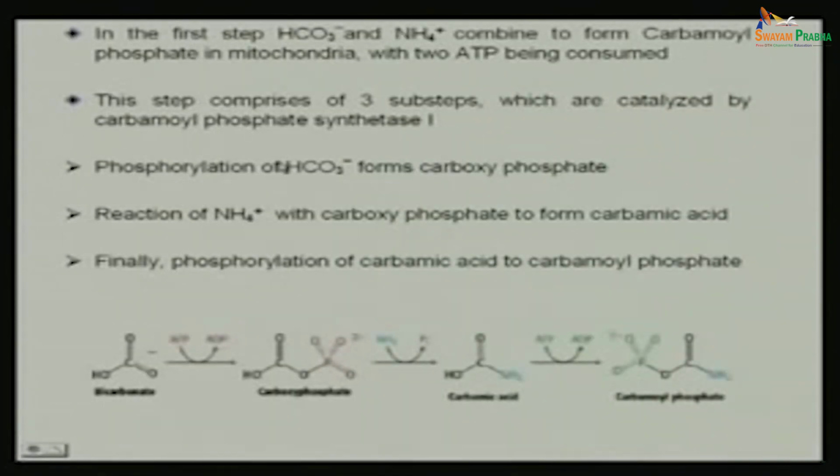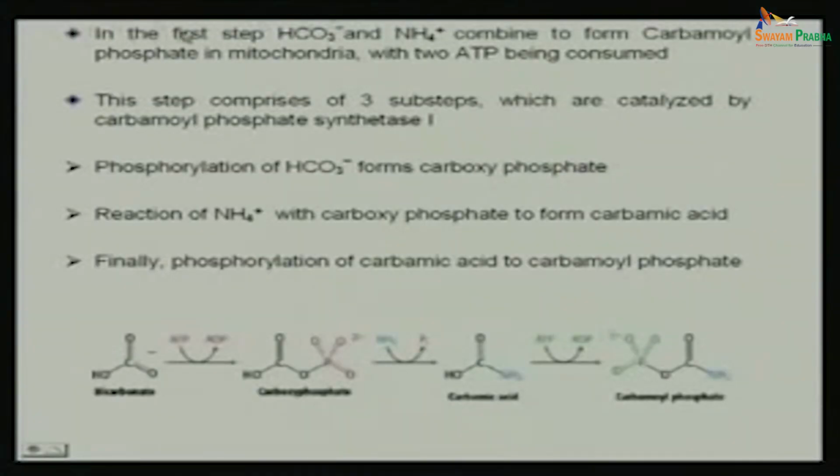Now, let us come stepwise to this particular reaction, how these reactions are going on and how the intermediate products and byproducts are produced. In the first step, we have learned that bicarbonate and ammonium ion combine to form carbamoyl phosphate.